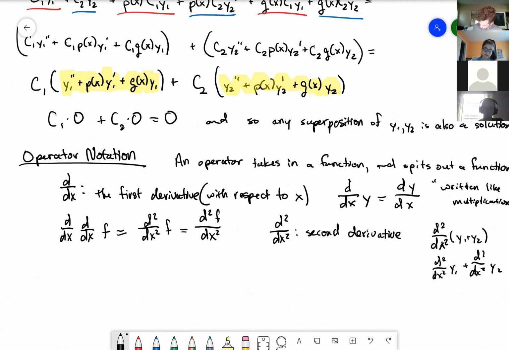And we can combine operators to form new ones.